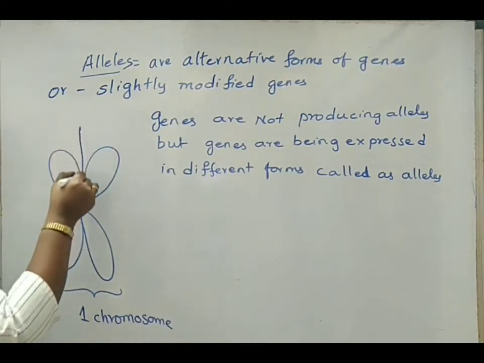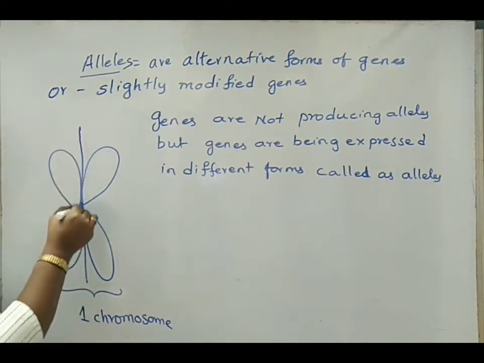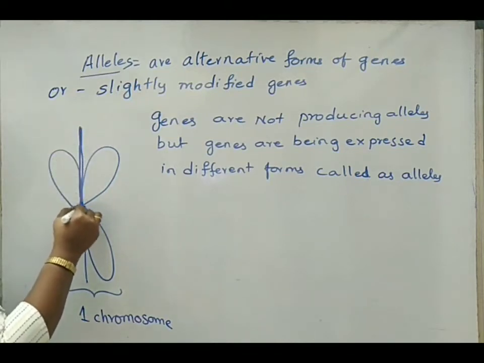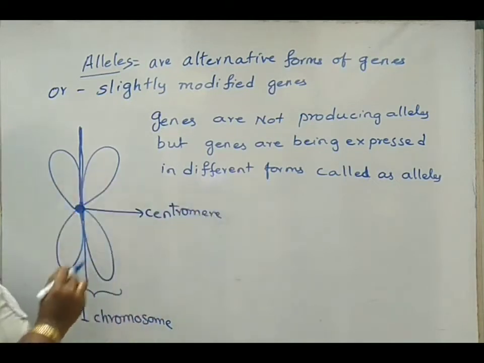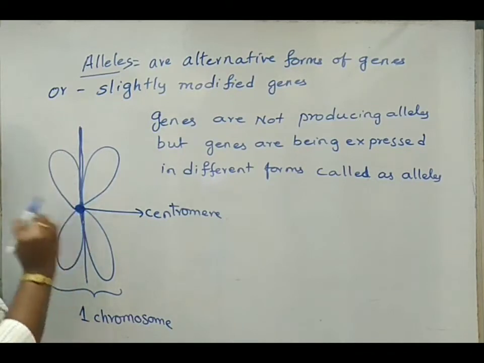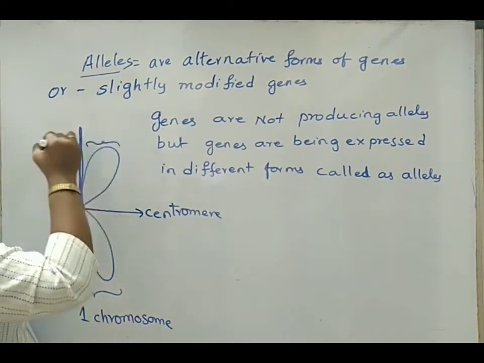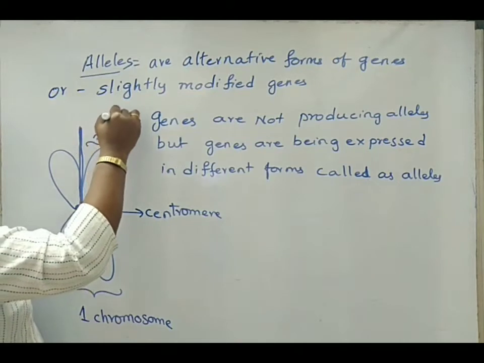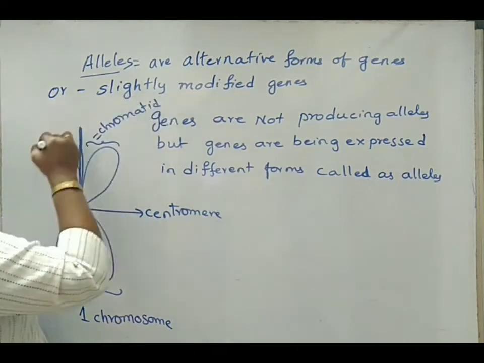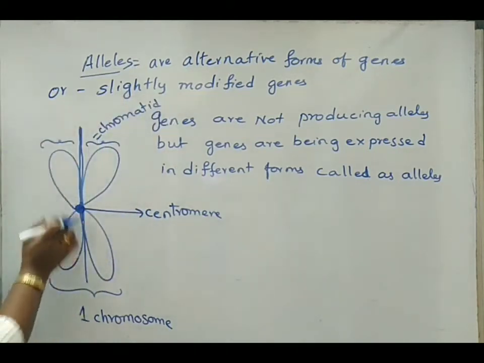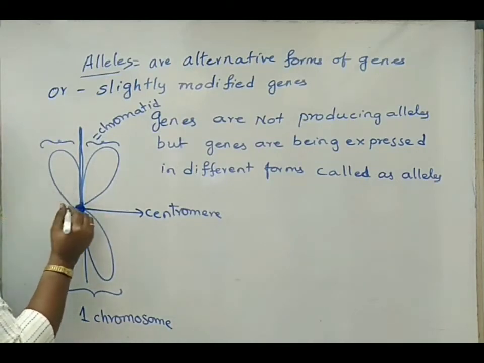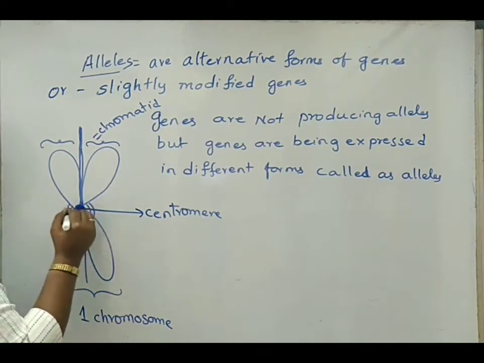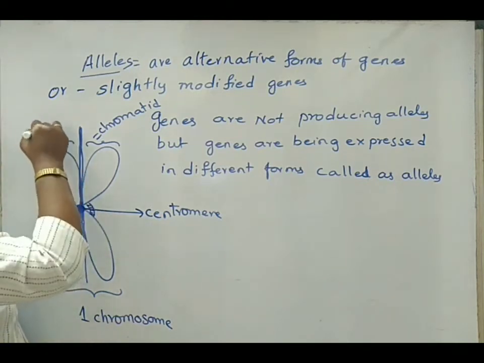Now, if we cut this one vertically from top to bottom through the centromere, the middle part, then this part is called chromatid. This also means one arm upper, one arm lower, a little part of centromere and also a kinetochore will be there. Okay, this is called chromatid.